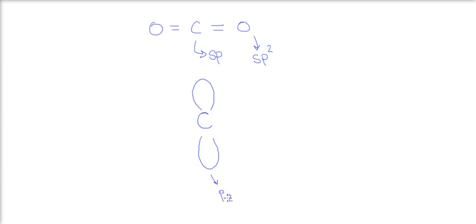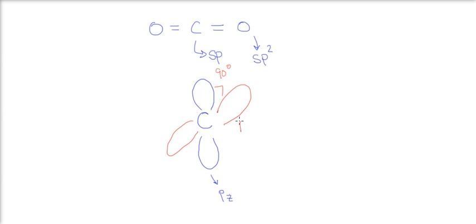And there's also an unhybridized p orbital that is pointing perpendicularly to this p orbital, going back and forth behind and in front of the screen. So this p orbital here is going this way, perpendicular to the blue one at 90 degrees.